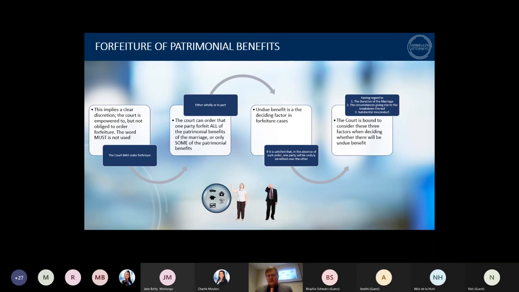You planned to spend your life together. You built everything to spend your life together. Neither of you planned to only be together for 2 years. And he ordered a forfeiture in that case. I'm happy to share the case law with anyone who would like to see it. That is forfeiture of patrimonial benefits.